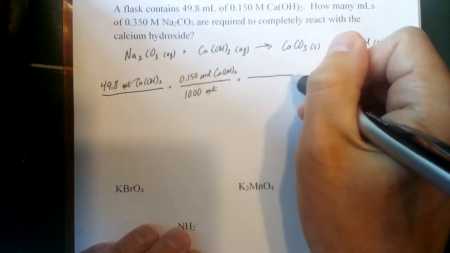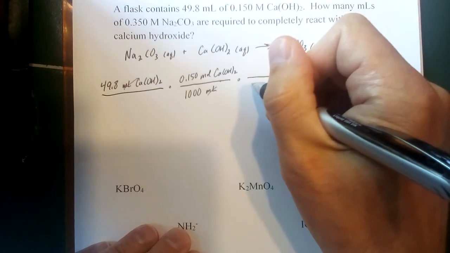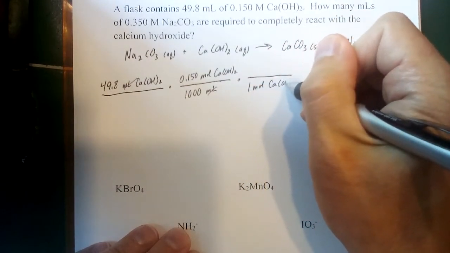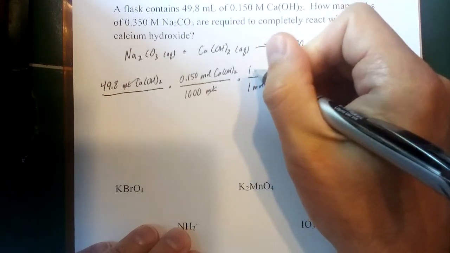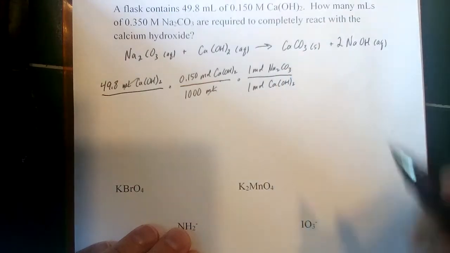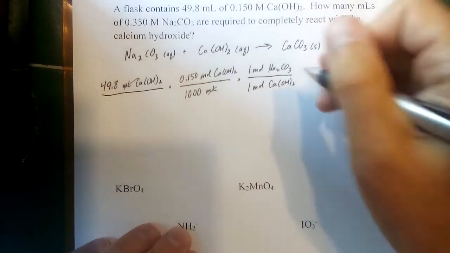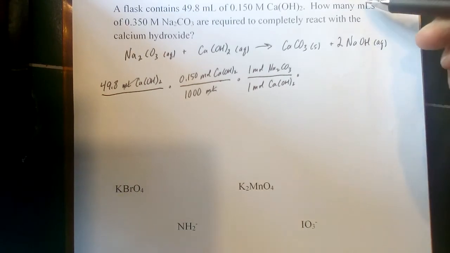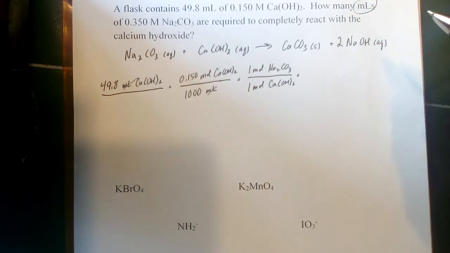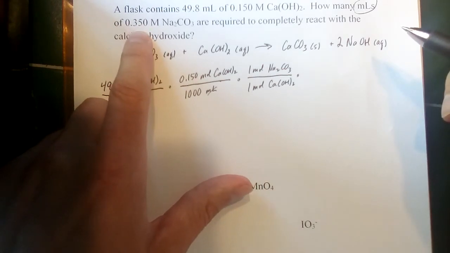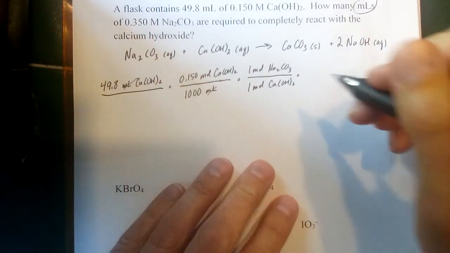Now we can use our equation. Now, after balancing our equation, we know 1 mole of calcium hydroxide is going to react with 1 mole of sodium carbonate in this reaction. And then moles of sodium carbonate, we want to figure out volume here. How many milliliters of sodium carbonate? So since that's aqueous in our solution, we need to use the concentration there.